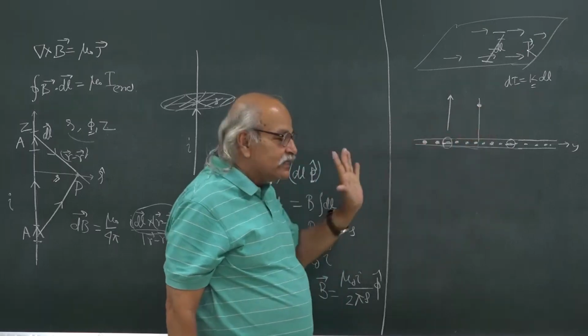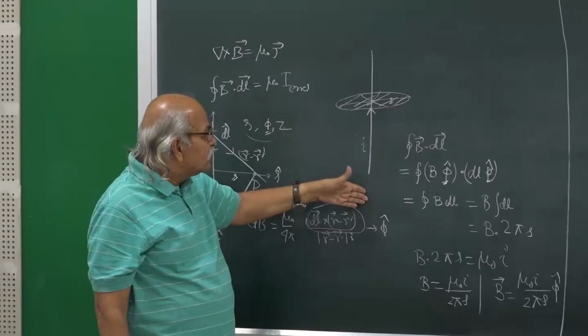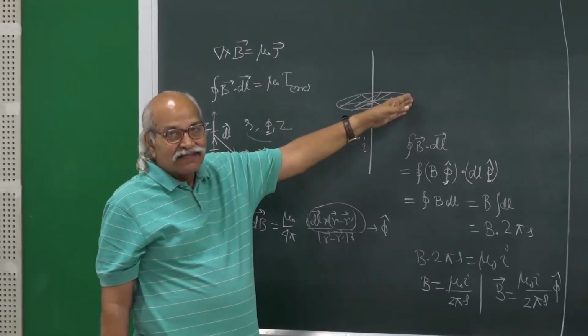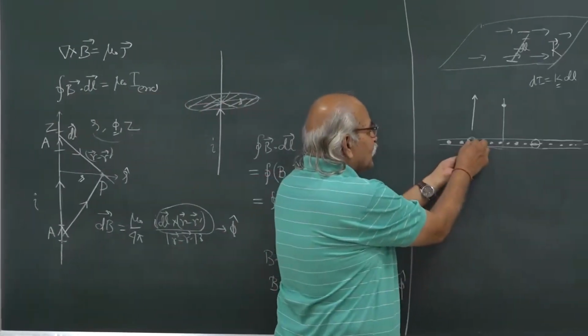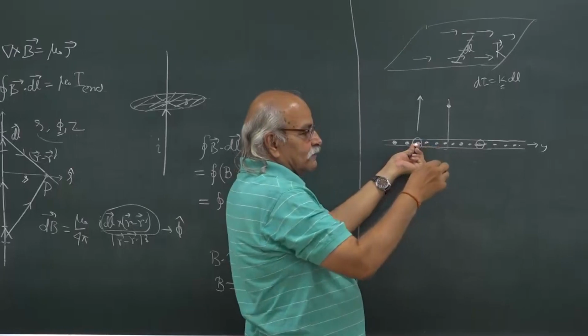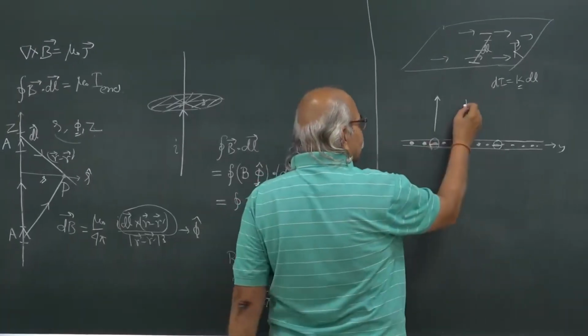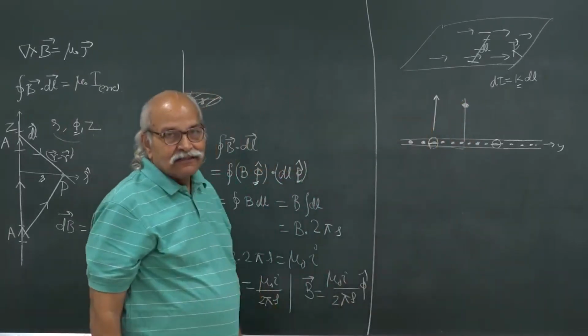This is the same situation as a long wire, and I am asking at some distance what the magnetic field is. So, here is a long wire coming in the x direction, with small width, and I am asking what is the direction of the magnetic field here.